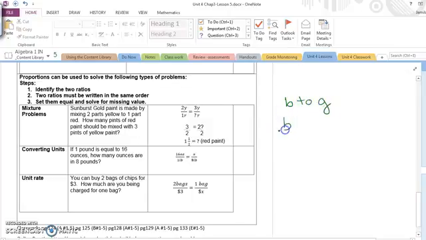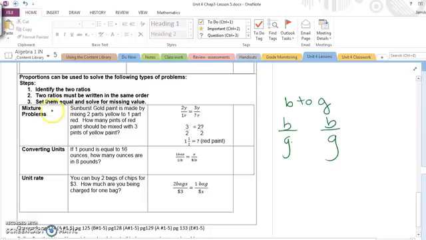If one of my proportions has boys to girls, so B over G, then your other ratio needs to also have B over G. In order to keep the proportion balanced and equal, we need to make sure that our units are in the same place. Oh, and the last thing we'll do is set them equal and solve for the missing value.